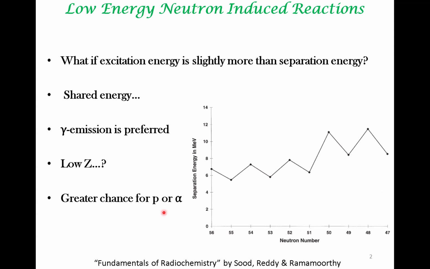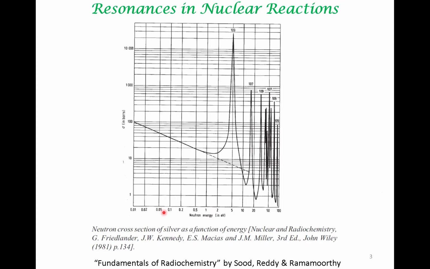There are other features. We had shown a plot earlier. What you see is that there is a sudden increase in cross section at certain energy levels. So these resonances, we can't do justice to dealing with resonances in a quantitative manner.